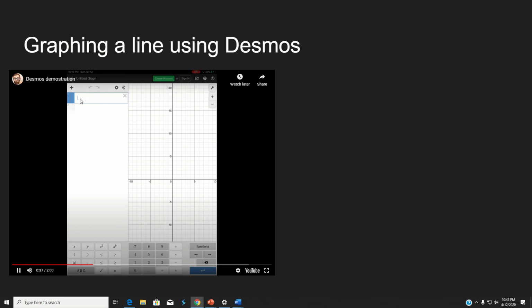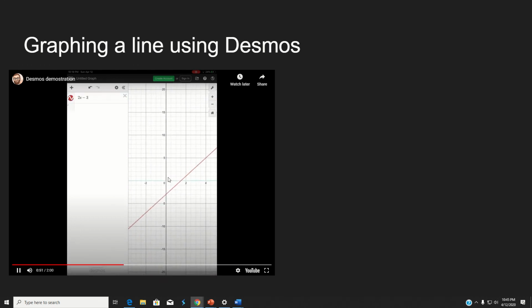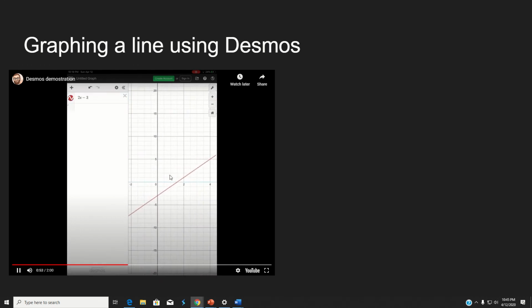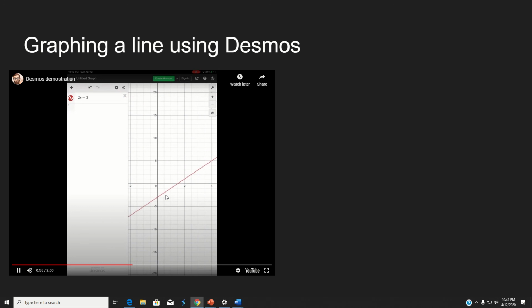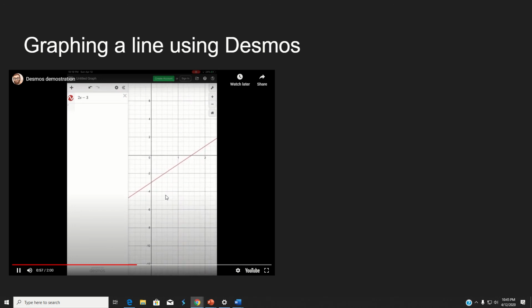Now in this space right here, we write our function or our equation without the variable y. So in this case, if I want to graph y equals 2x minus 3, I just write 2x minus 3. As you can see, I can change the dimension of the graph. I can zoom in or out horizontally and vertically.